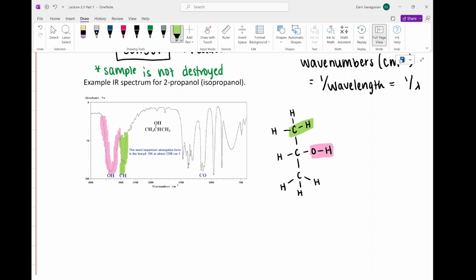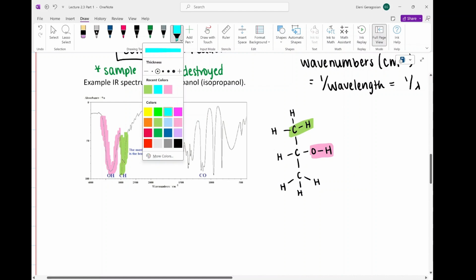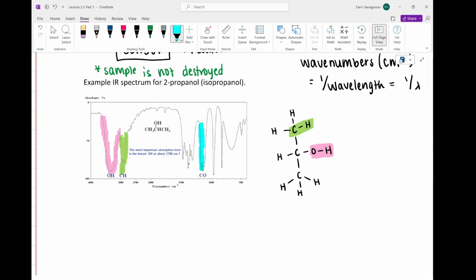Another characteristic peak is this carbon to oxygen peak here. That bond absorbs IR light at about 1,200 wave numbers. So that's this bond here.